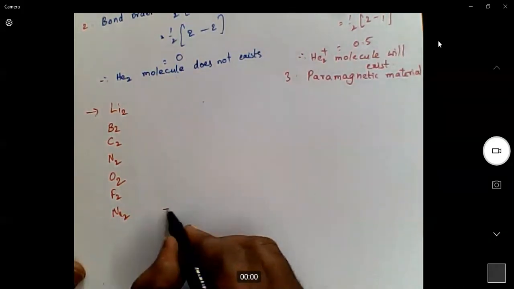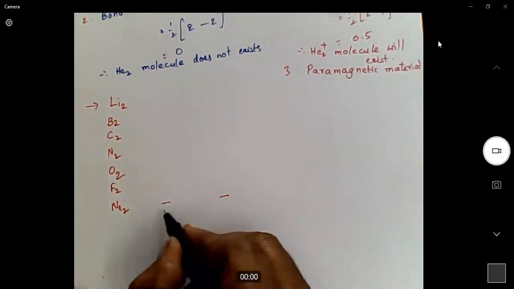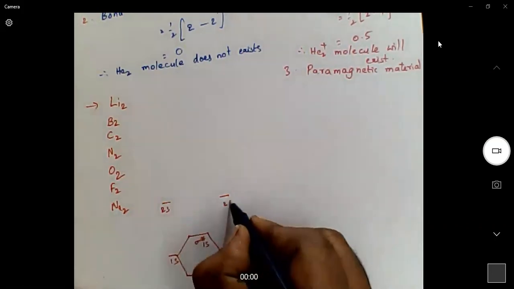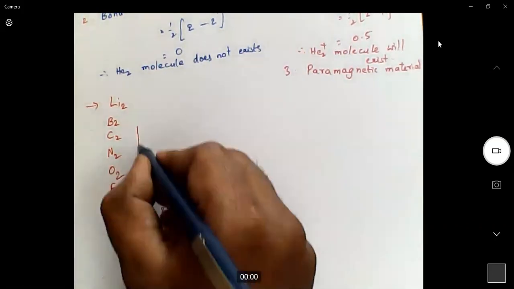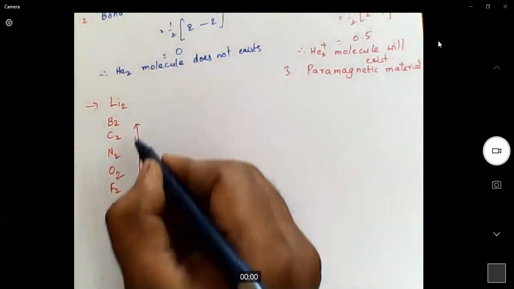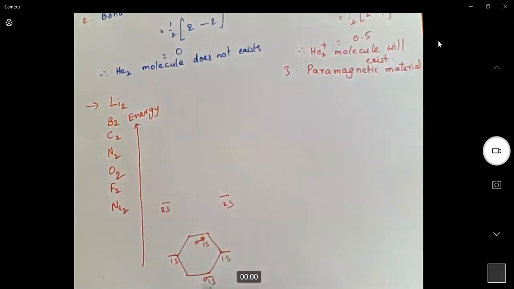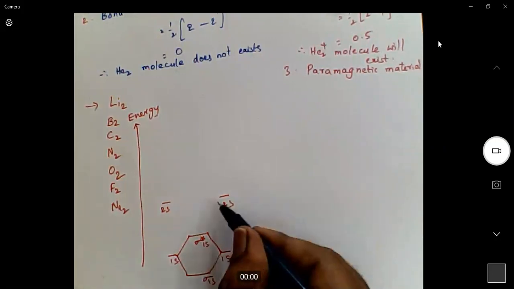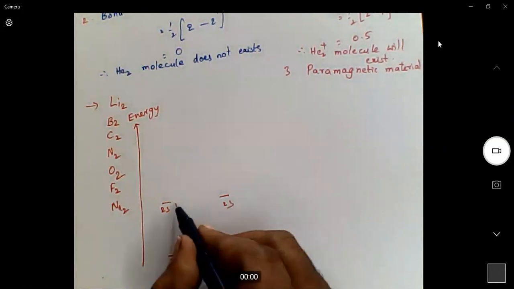If we have 2s orbitals also, then we need to write 2s orbitals on top of the 1s orbitals. As I said, we arrange these orbitals according to their energy. 1s orbitals have less energy, so we will write them at the bottom. 2s orbitals have high energy, so we will write them on top of 1s orbitals.